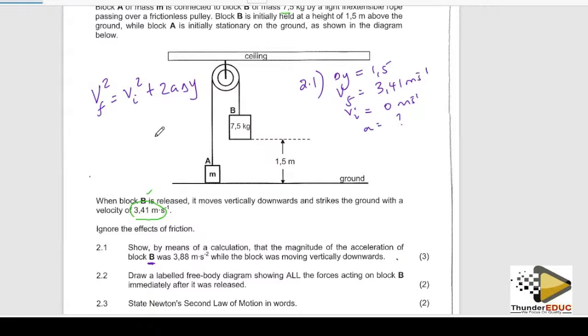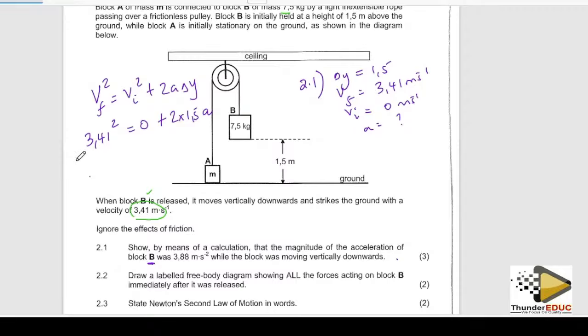I know my final and my initial, and acceleration is what I want. I have my displacement. So this is going to be 3.41 squared is equal to 0 plus 2 times 1.5a.